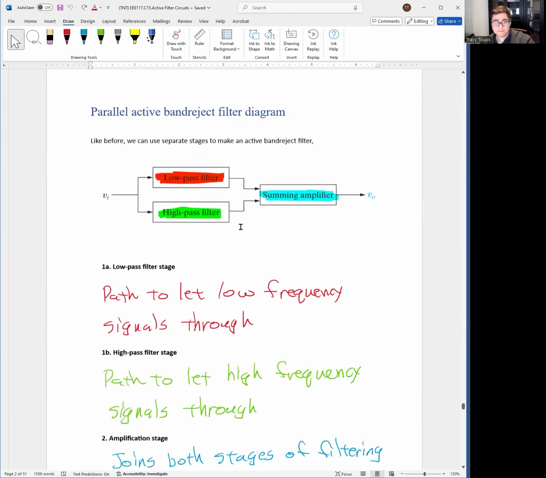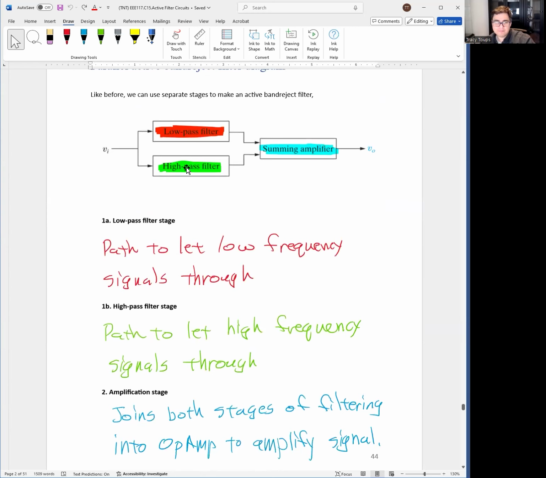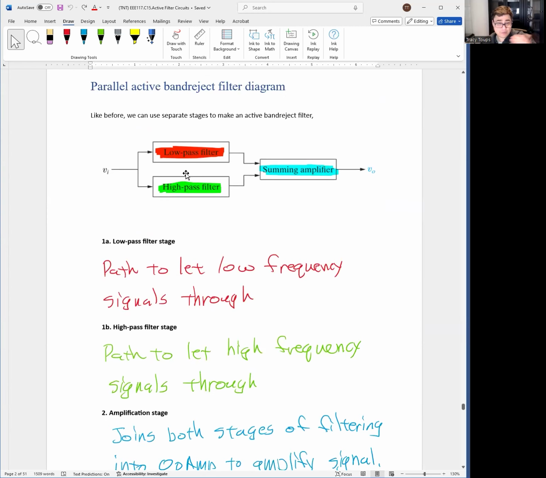Okay. So here it's kind of like conceptualizing it and moving towards a circuit analysis stage. Our input signal goes through. We could either let it go through the low pass filter or the high pass filter and amplify it afterwards. Okay, so the low pass filter we call the 1A stage because it lets the low frequency through.